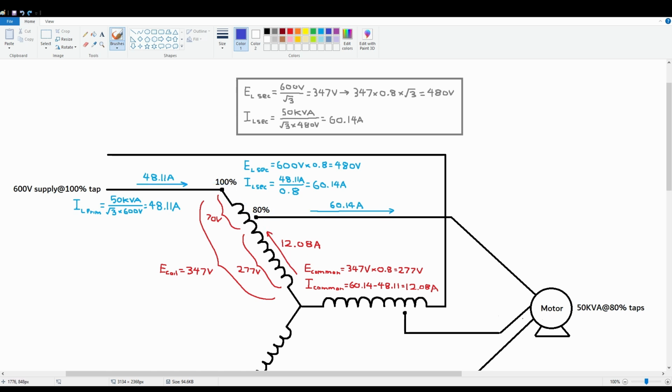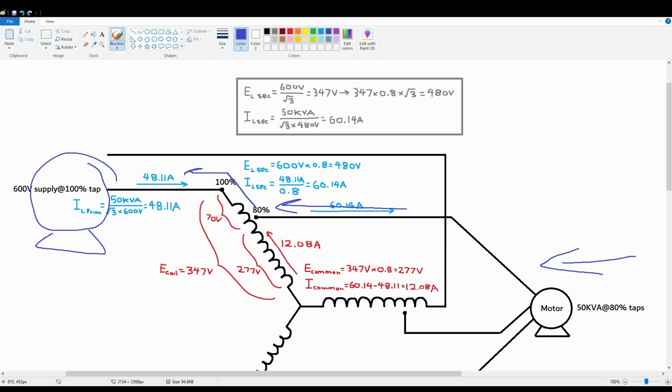And then if you had your load on this side, so that the motor was on this side and your supply was coming from this side, the calculations would be the same, except current would be flowing in this direction, and then it would just be splitting up like this. So it would be going up through here and then down through the common here. So you'd be losing current here and here.